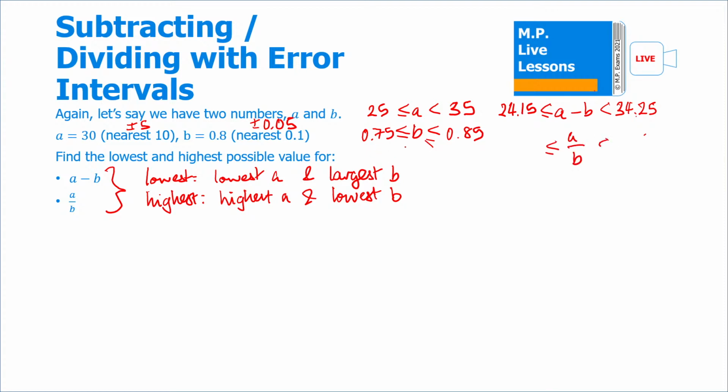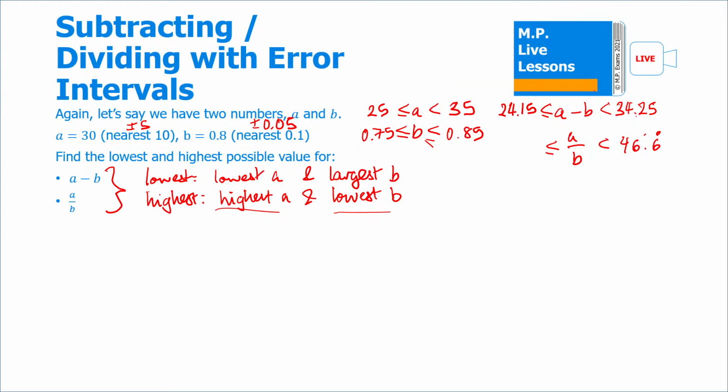And we do something similar for A divided by B. So for the highest possible value, you'll have your highest A and your lowest B, which is 35 divided by 0.75, which is 46.6 recurring.